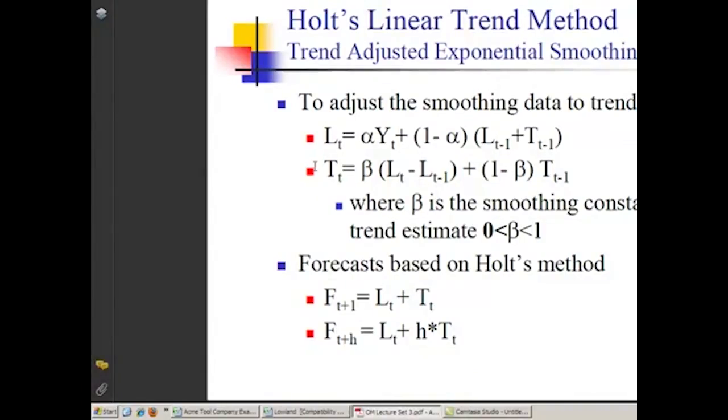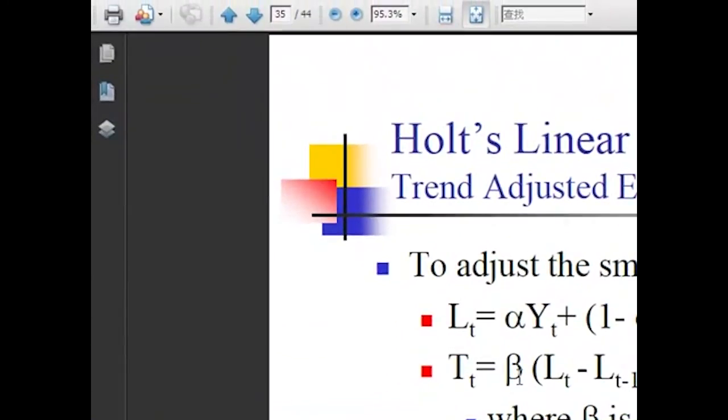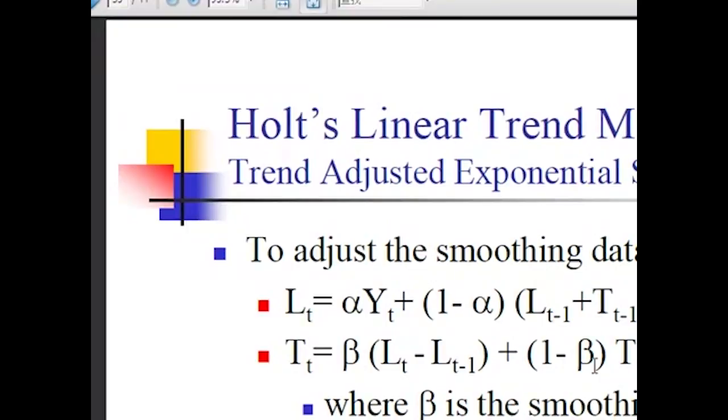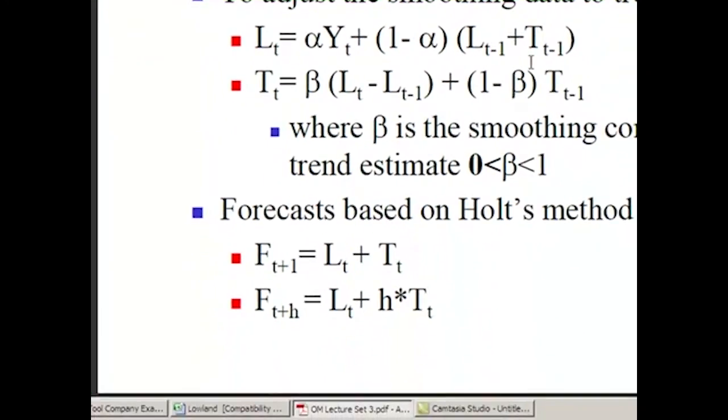To update the trend estimate for the current time period, we use beta and 1 minus beta as the weights. The changes in the levels are the changes in the trend. It captures the dynamic changes in the sales value, and it also relates to what was updated in the last time period for the trend estimate.